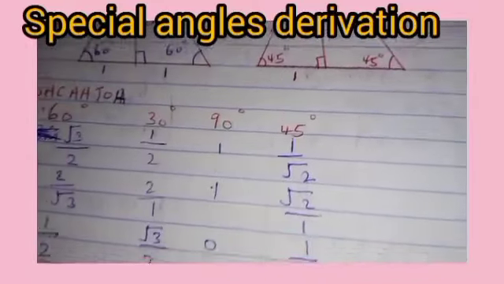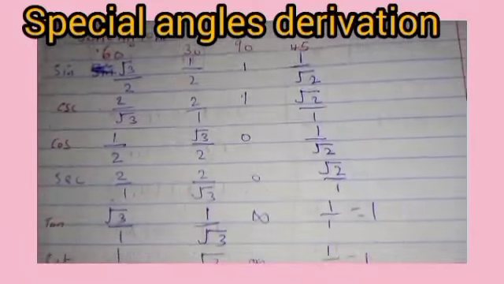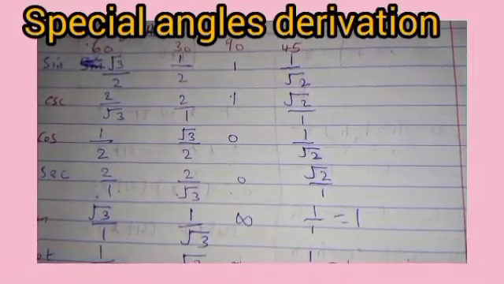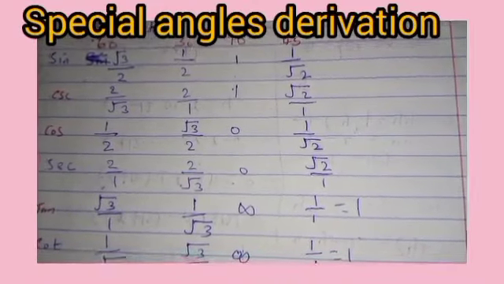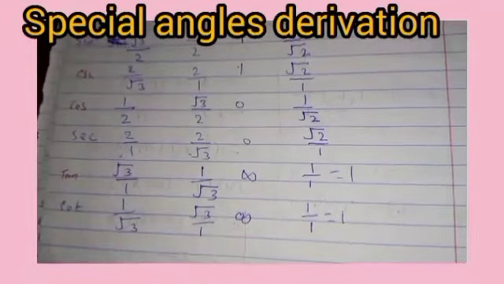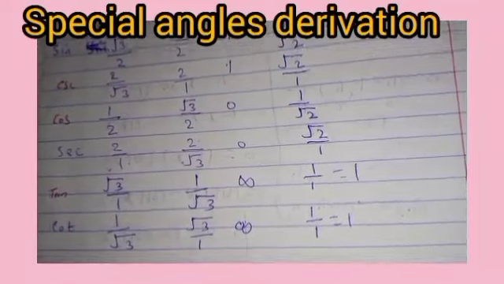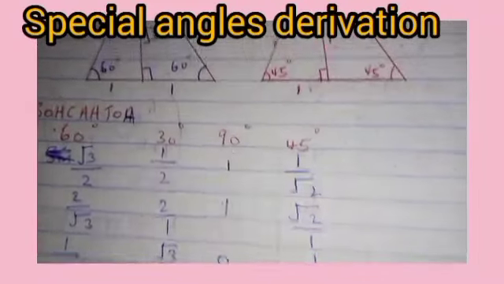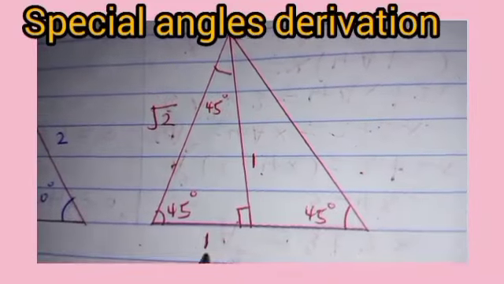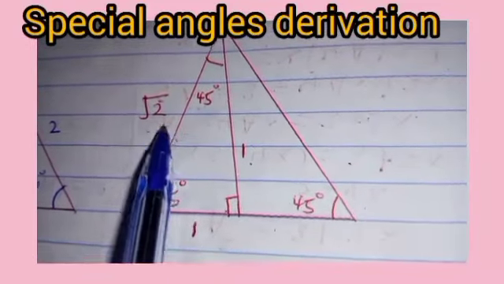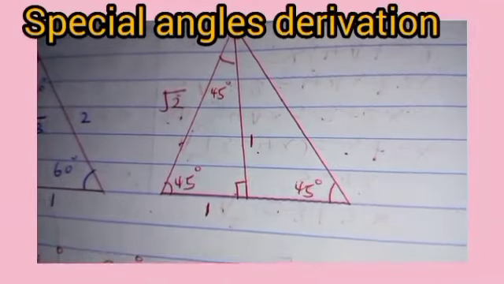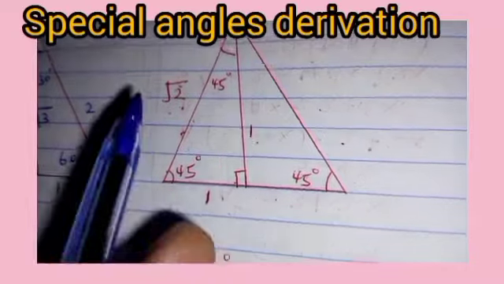So simply to obtain these special angles and to obtain their trigonometric ratios, all you do is very simple. You draw this right angled triangle of sides 1, 1. You use Pythagoras theorem to obtain the hypotenuse.